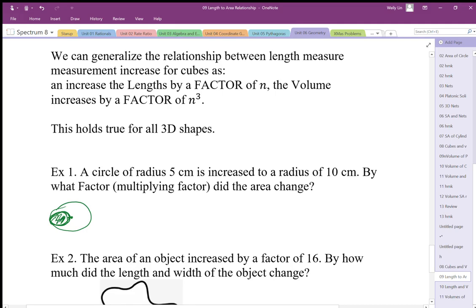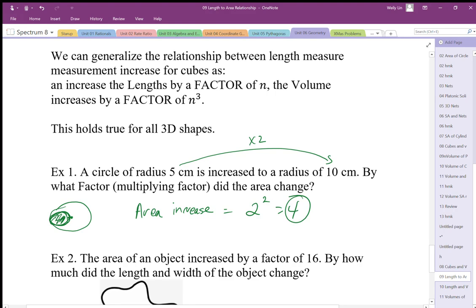In fact, it is 4 times because my length factor increase here is by times 2. So the area increase must be equal to 2 squared, or 4 times more area.